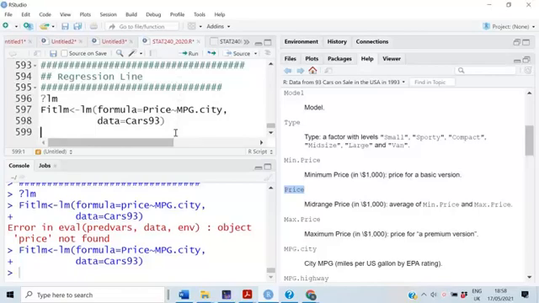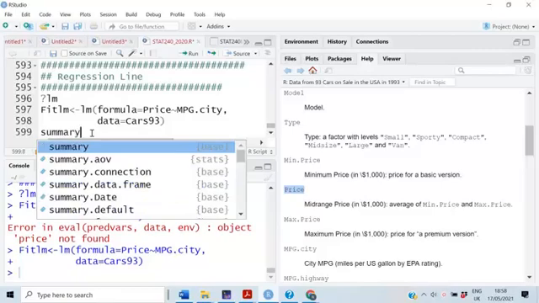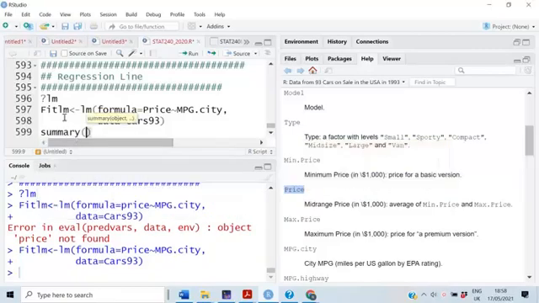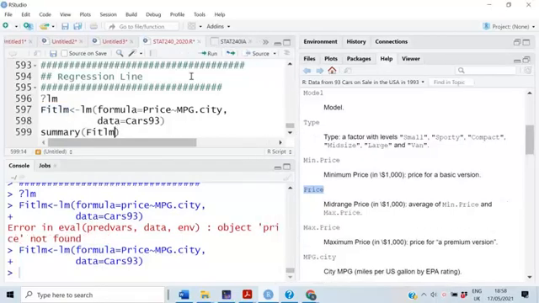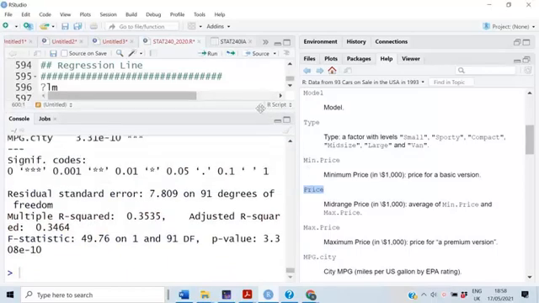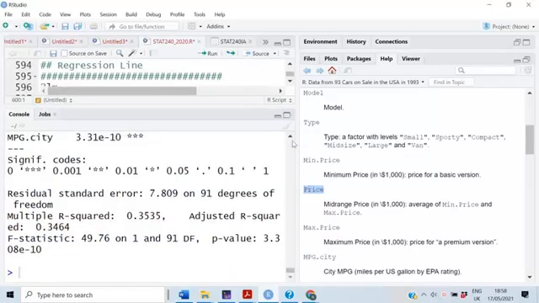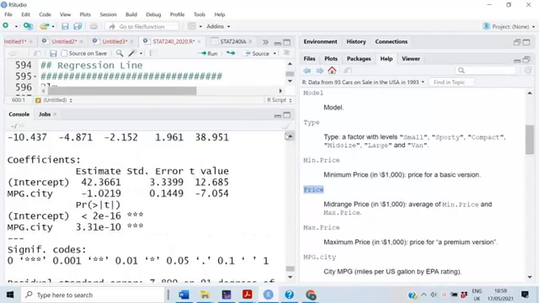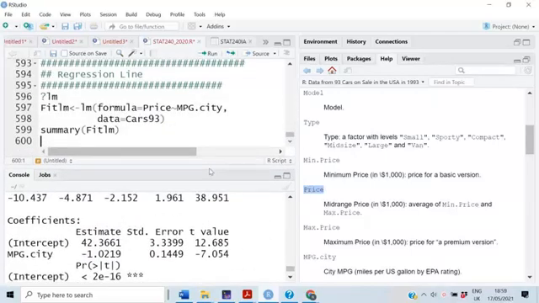Okay, so now let's see. So we do summary. Please do it and do summary.